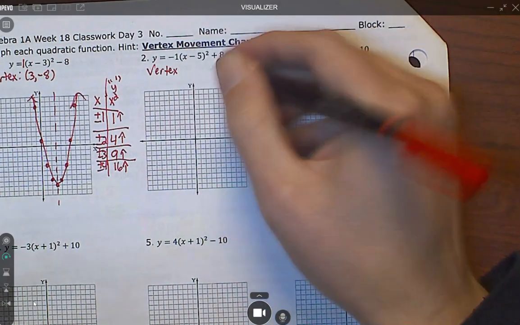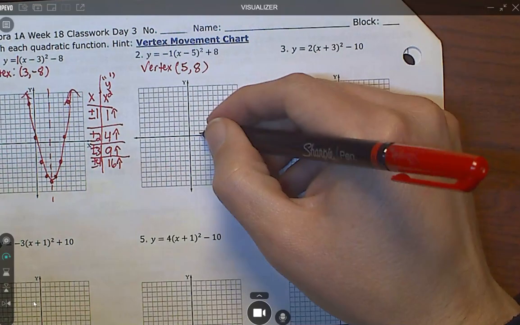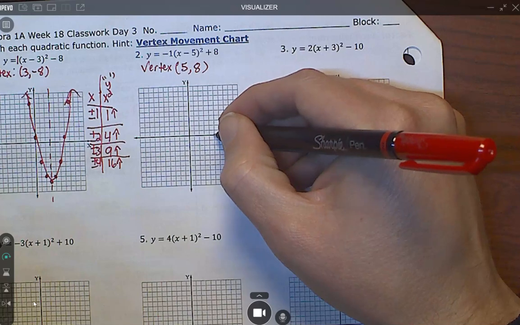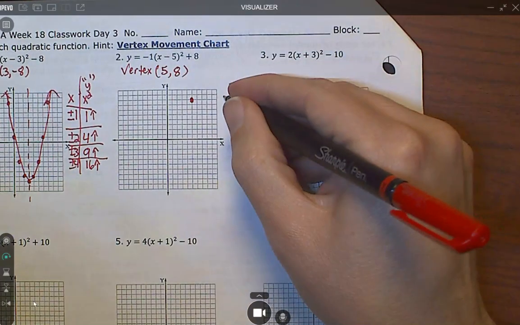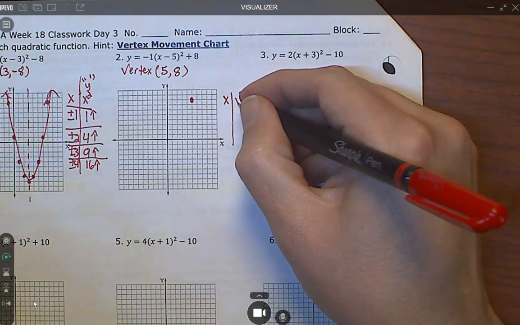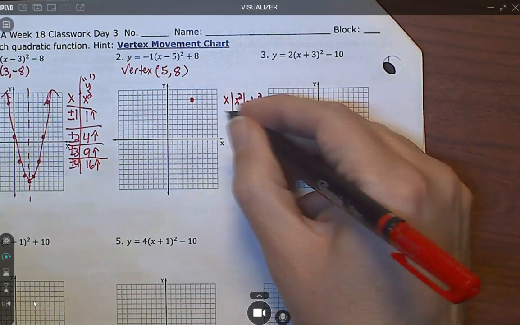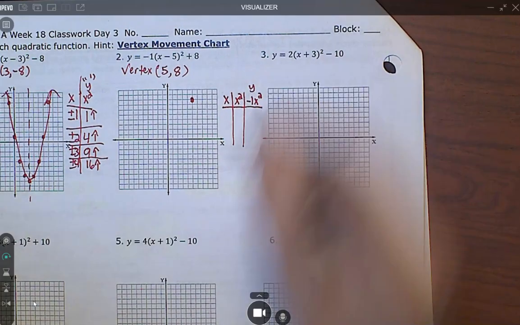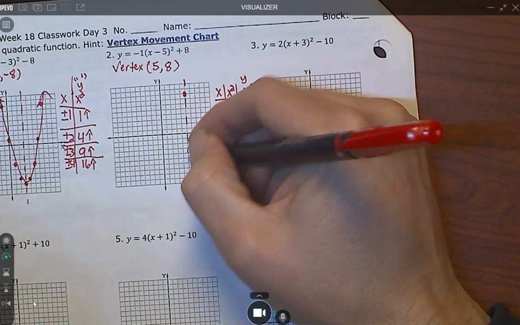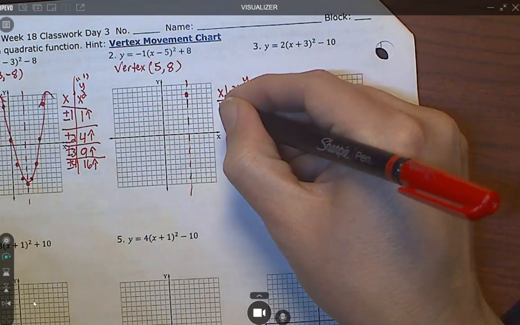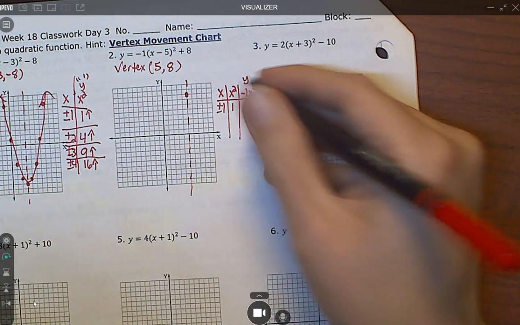Vertex is still the same: opposite of whatever's with x. Okay, this movement chart's a little different. We've got x squared, and we've got negative 1 times x squared. This is technically our y. If I go plus or minus 1, I'd normally go up 1, but what's negative 1 times 1?